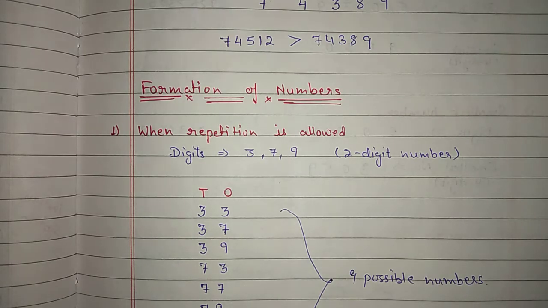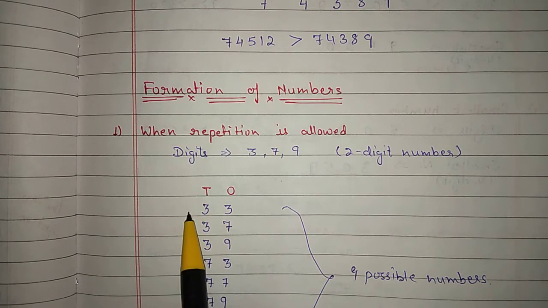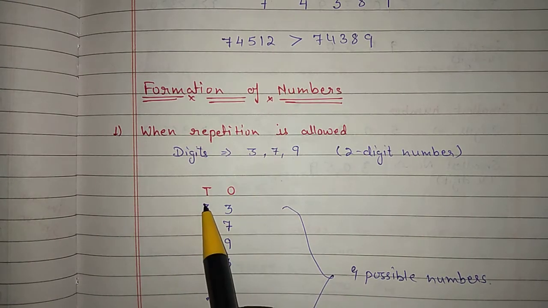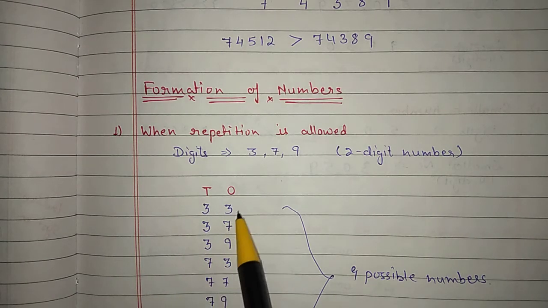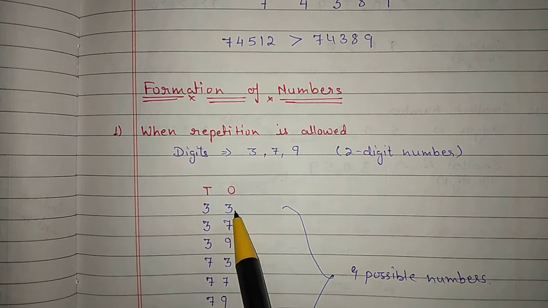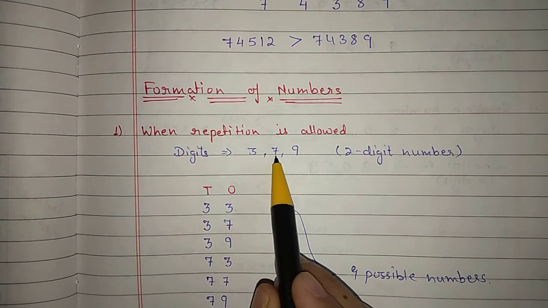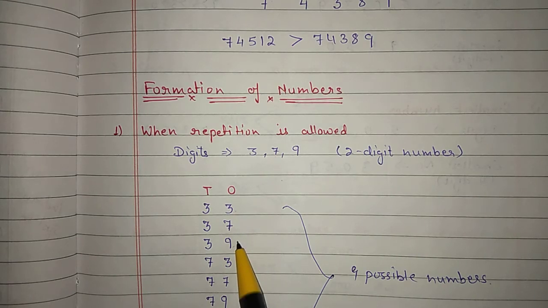So 2 digits means 2 places, 1's place and 10's place. If I fill the 10's place with 3, then for the second place, the 1's place, I can fill with 3, 7 and 9. So 3 options are there.